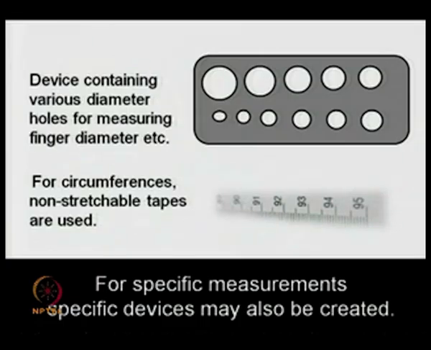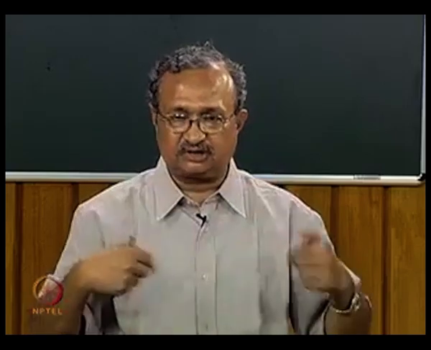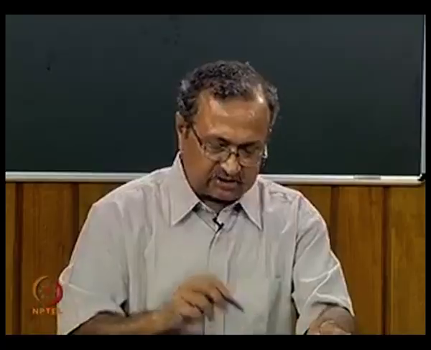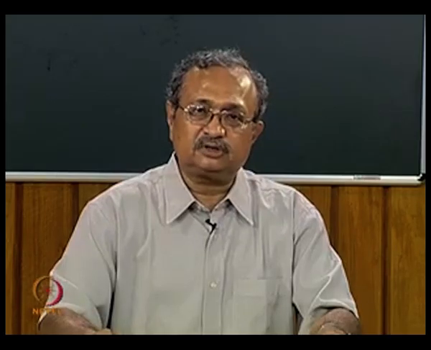What happens is you need to put your finger in these holes, and where it fits, that would be your measurement. Now, for body circumference, head circumference and so on, non-stretchable tapes are used. Why does it have to be non-stretchable?